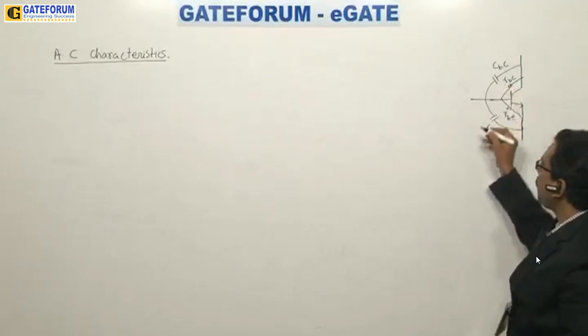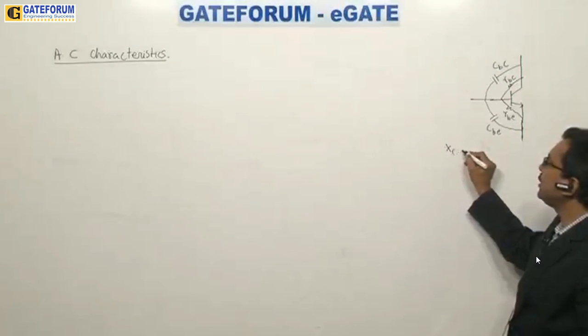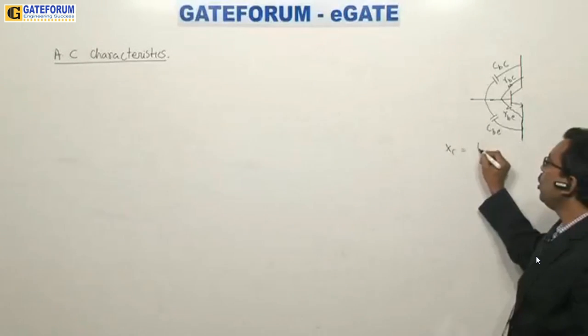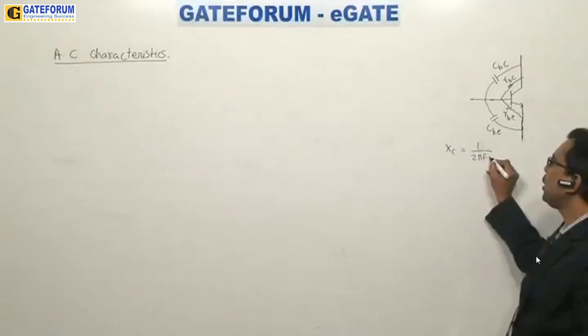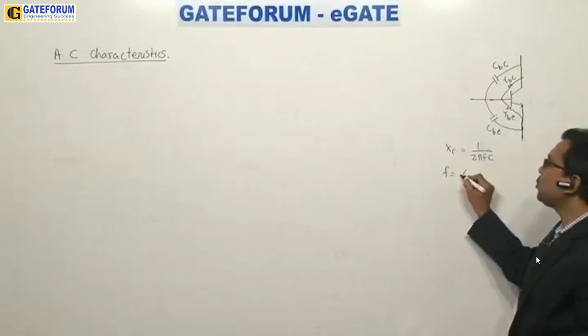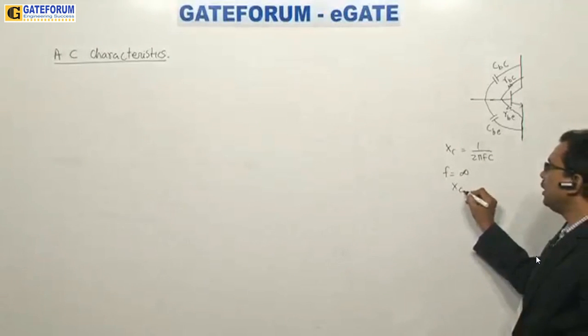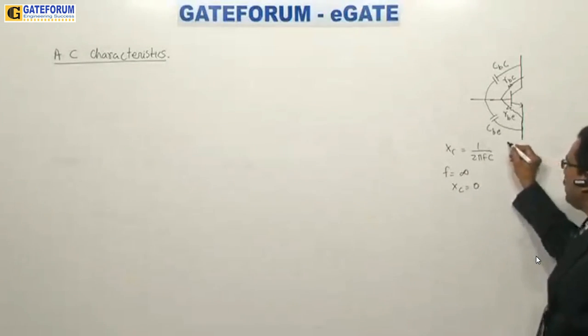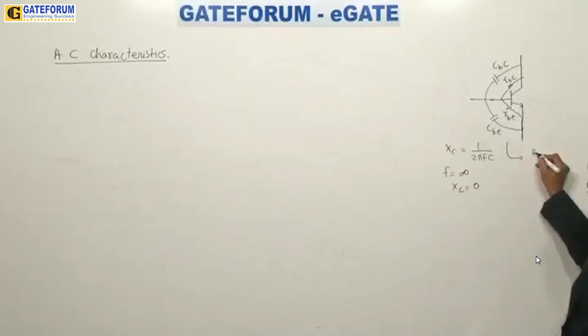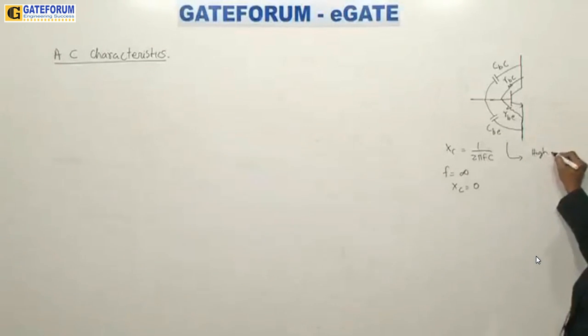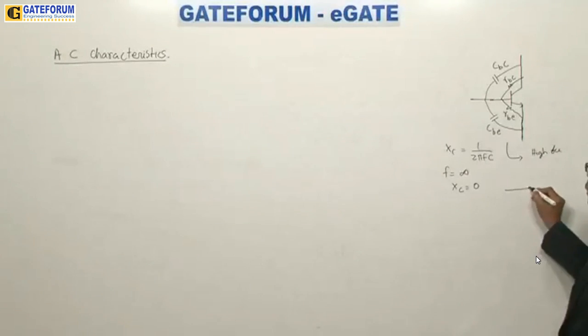Now, these are the capacitances, but we know that capacitive reactance Xc equals 1 by 2 pi Fc. So when frequency is very high, say infinity, then Xc will become 0. So this transistor at high frequencies, or mid frequencies also you can take, will lose its properties of amplification.